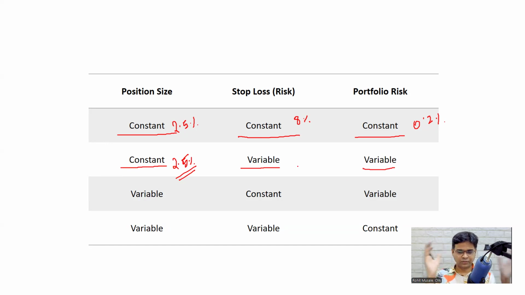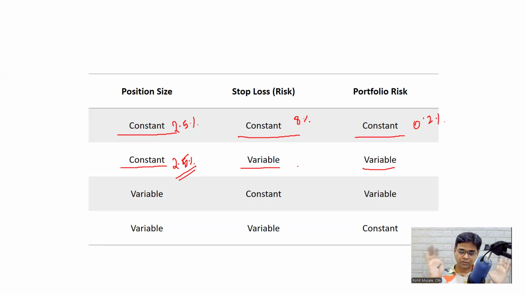So, let's say you have five stocks in your watch list. On the first stock, you keep a stop loss of 8%. On the second stock, you keep a stop loss of 4%, just random. On the third stock, you keep a stop loss of 2%. On the fourth one, you keep a stop loss of 1%. Whatever you want to do. 1%, 3%, 2.5%.